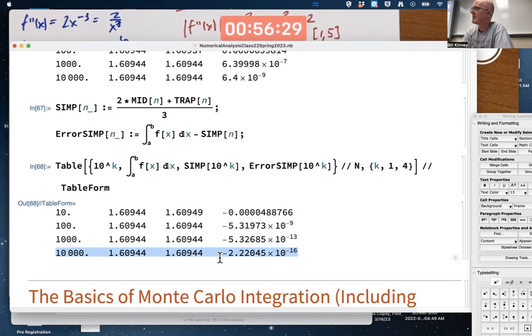But that's generally what happens: if n increases by a factor of 10, the error will go down by a factor of n to the 4th, 10,000. 10 to the 4th is 10,000. I didn't have to increase the value of n by 10 each time. I could have increased by something else like 3 each time. Maybe first 3, then 9, then 27, then 81, then 243.